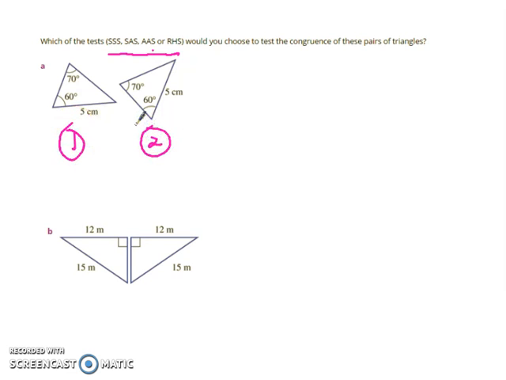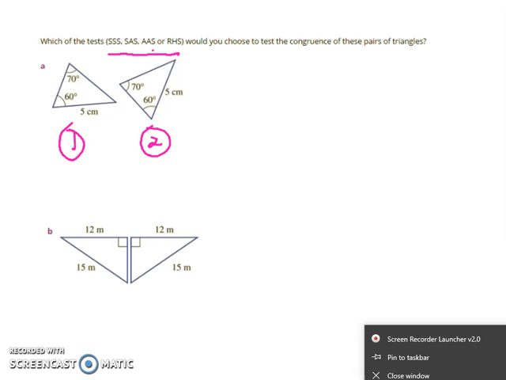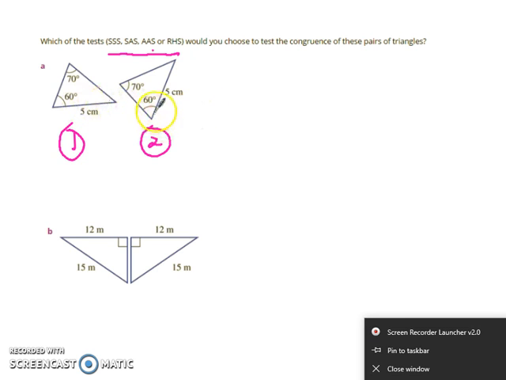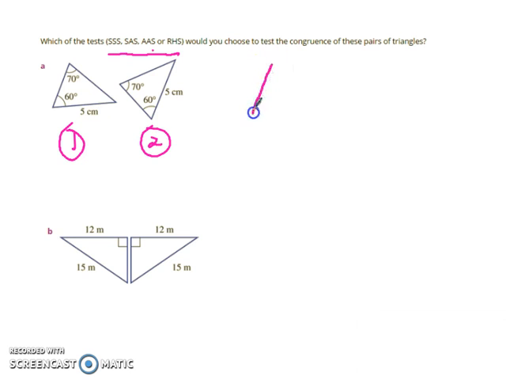Now if you have a look at it, it looks like it's got the right numbers. We just need to make sure that the angles correspond with one another. And the best way to do that is perhaps to draw triangle 2 in the same orientation as triangle 1. So I'm just going to spin this one around clockwise a little bit.